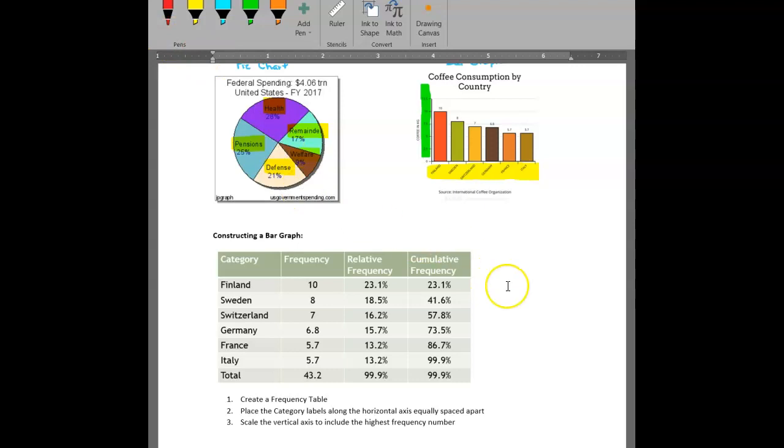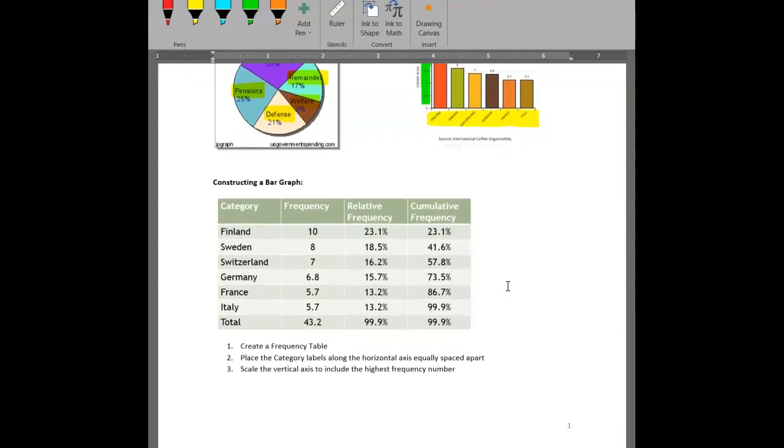And so when we construct a bar graph, this is very similar to when we did probability frequency tables. So your categories or your qualities are in this first column. And then the frequency, so this is the number of items that is happening.